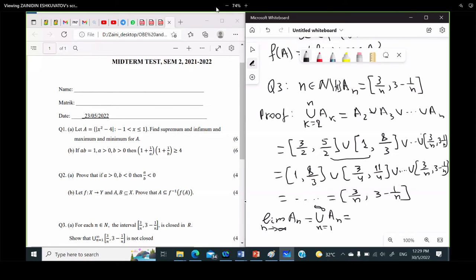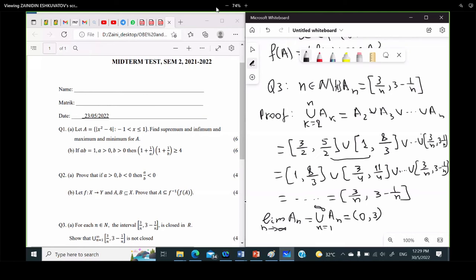Now from here, when n increases unboundedly, 3 over n approaches 0. But approaching 0 means not including 0. Okay? It approaches, but therefore it is like this. 3 minus 1 over n, as n tends to infinity, tends to 3.